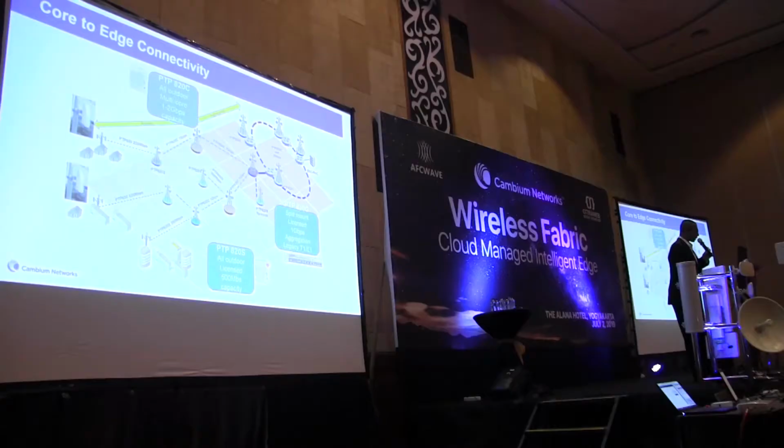So basically the focus for Cambium is talking about core-to-edge connectivity. So we are able to do that. We are able to use our PTP 820 to do long-haul, high-capacity connectivity, for example, replacing fiber or backing up fiber. We can do that with our PTP 820.